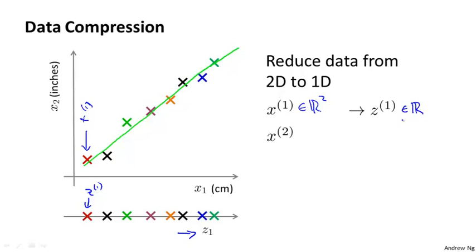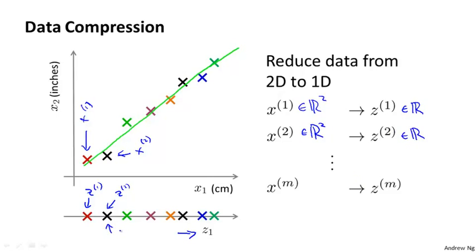And similarly, if x2 is my second example there, then previously this required two numbers to represent, but if I instead compute the projection of that black cross onto the line, now I need only one real number, which is z2, to represent the location of this point z2 on the line.